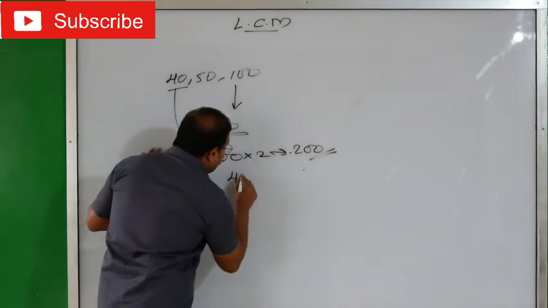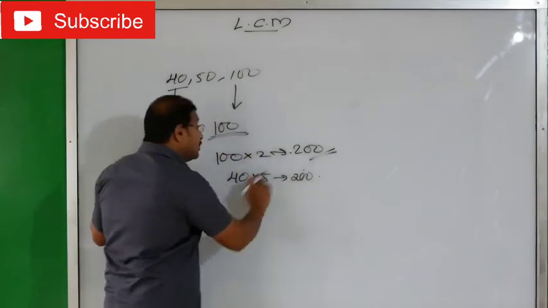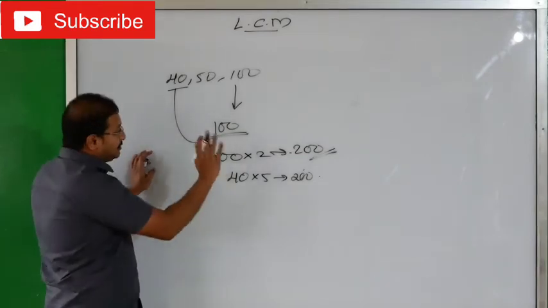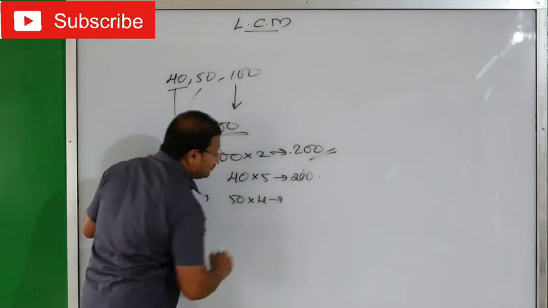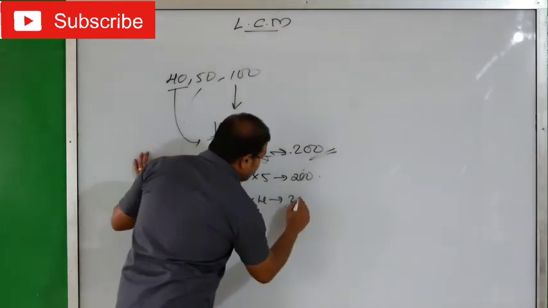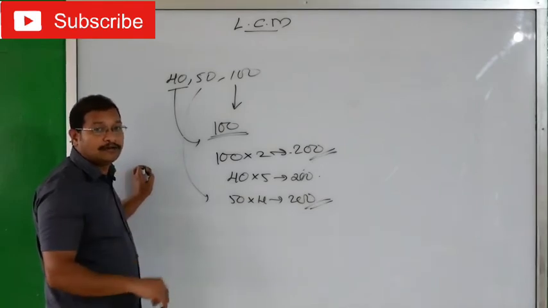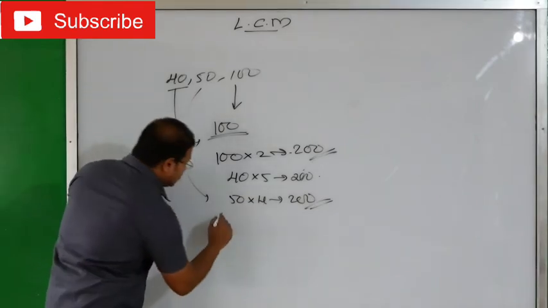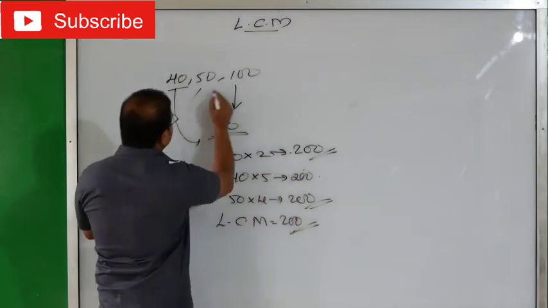Yes, 40 into 5, we will get 200. So 200 you can divide by 40. Now let's see 50. 50 into how much will you get 200? 50 fours are 200. That means you can divide 200 even by 50. So yes, LCM is 200 for these three numbers.